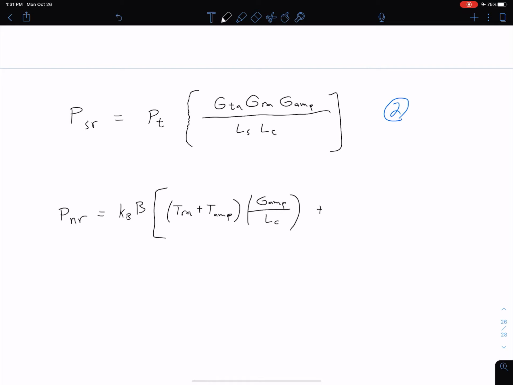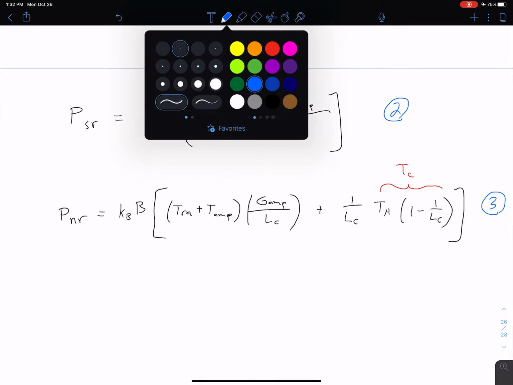We then have plus this separate term, which is 1 divided by L sub C, the gain of the cable, times T sub C. But I'm going to substitute for T sub C. Remember, we had an equation for T sub C that said it was T sub A times 1 minus 1 over L sub C. Let me put here that this was T sub C. And again, to be consistent with the notes, let's call this equation 3.